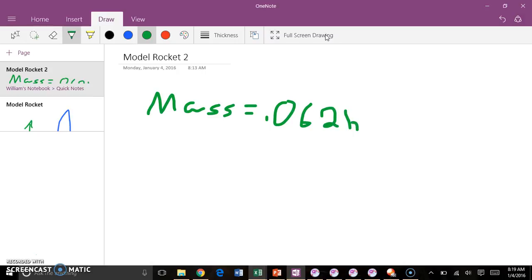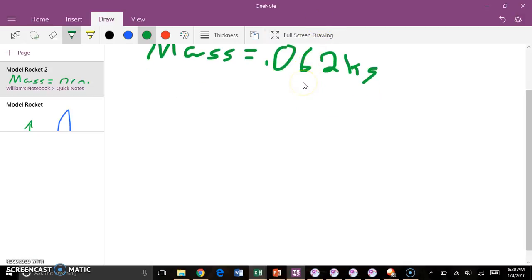Keep in mind that the rocket is also losing weight as it goes up into the atmosphere, because as the engine burns, it loses mass. We're neglecting that, but if we were to actually run this experiment with completely real numbers, we would also factor in air resistance and the fact that it's losing mass as it is going to the atmosphere.